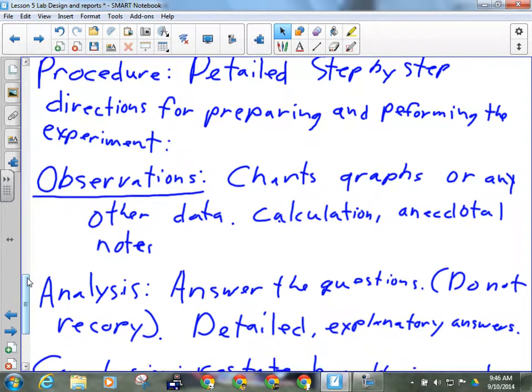Then your analysis. In some cases, your analysis will be answering the questions that I put on the lab report, and other times it'll be identification, or calculating, or building a graph and analyzing the graph. Analysis is a very wide concept. It's different for every lab. How you analyze your data is different depending on what kind of data you have.